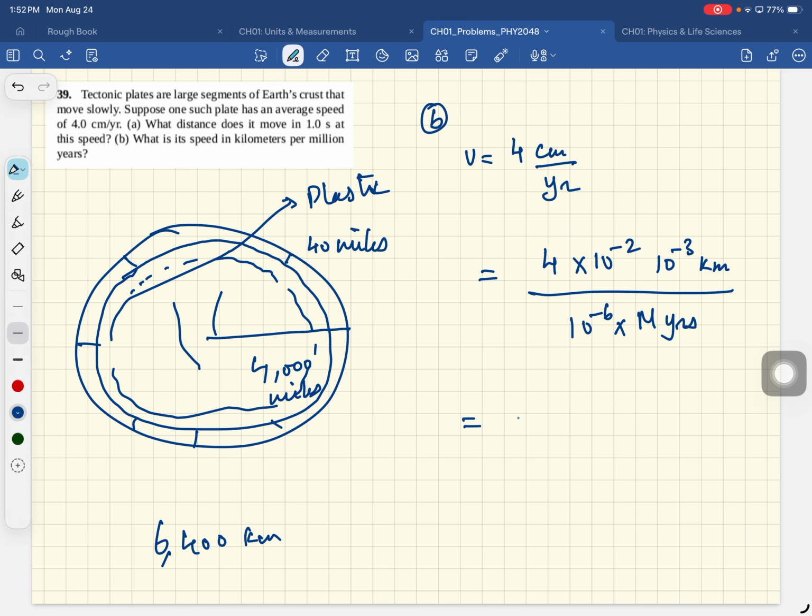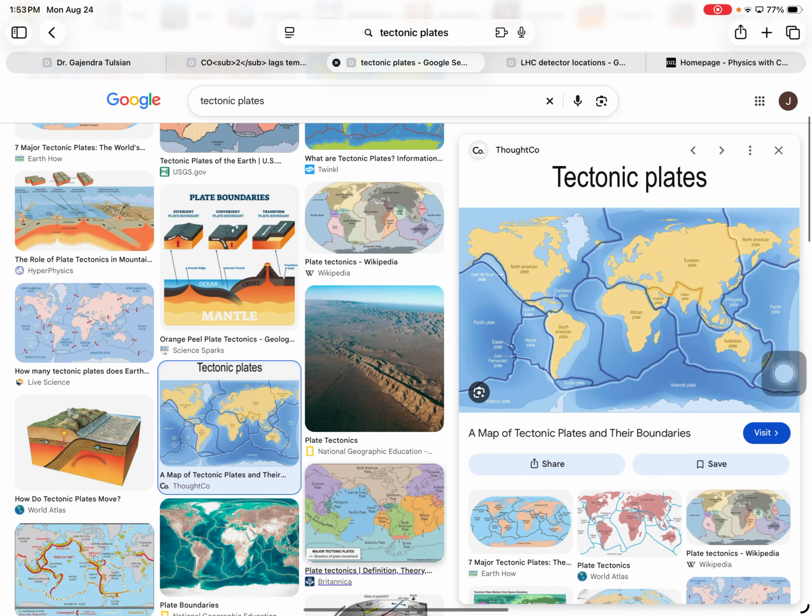All right, so let's calculate that number. And then we'll borrow 2 of these powers, so make it 29.9 times 10 to the 3 meters per second.